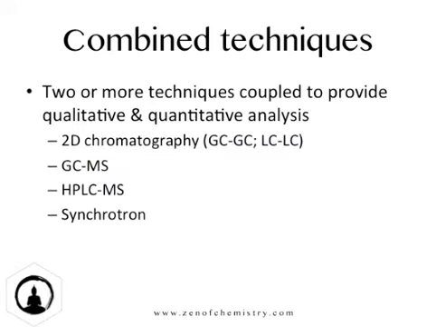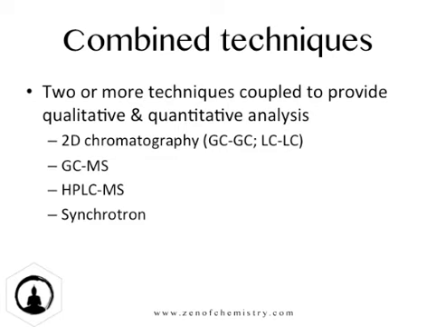To finish off, I just want to talk about combined techniques. You can use IR, NMR, and mass spec as separate techniques. You walk to one machine and use one, and then you walk to the other machine and use another. When we're talking about combined techniques, we're talking about coupling qualitative with quantitative analysis.